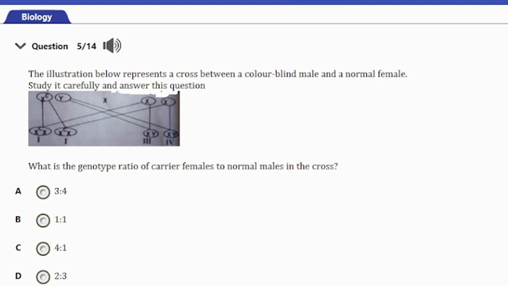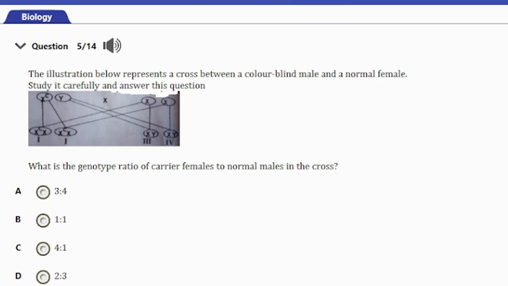Question number 5 here, it says, the illustration below represents a cross between a colorblind male and a normal female. Study it carefully and answer this question. What is the genotype ratio of carrier females to normal males in the cross?